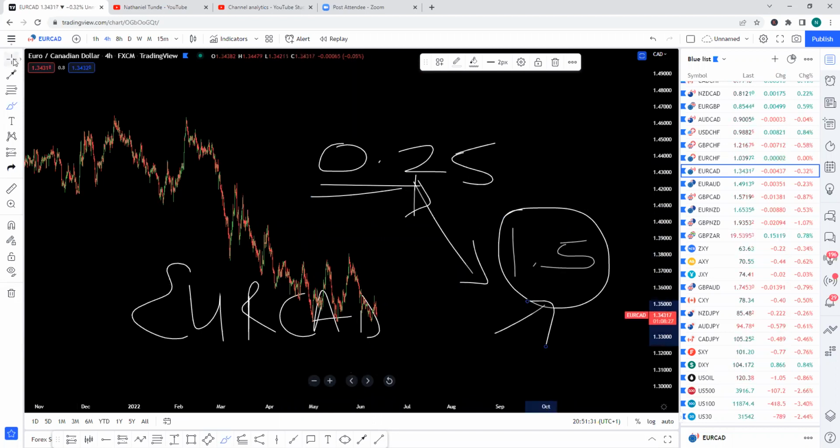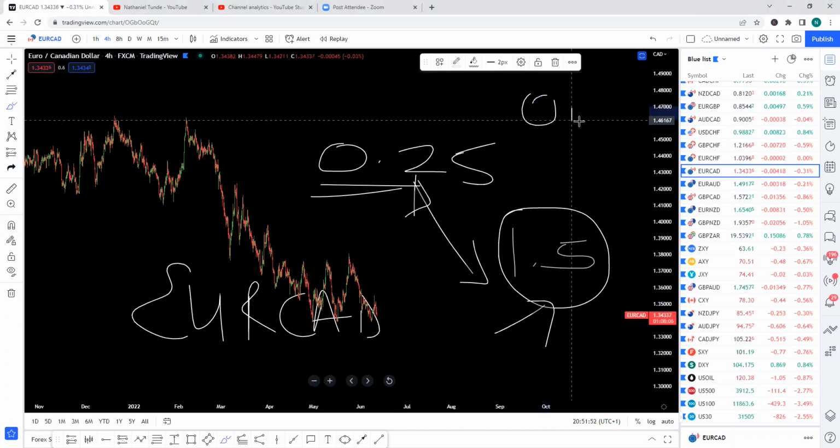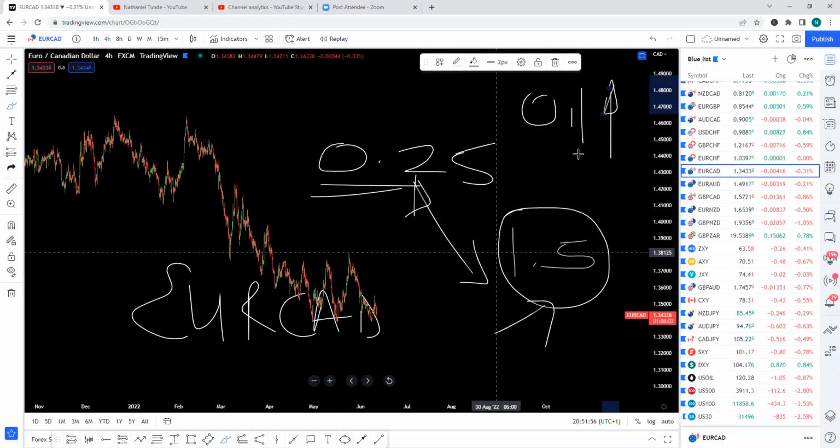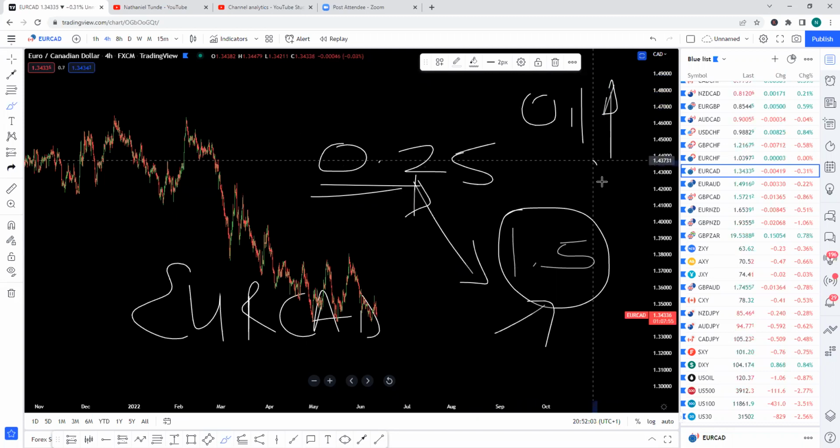Then another factor you have to check is why people would like to keep CAD right now. Another thing you want to check is that oil is upside right now, and because oil is upside, CAD is strengthening.